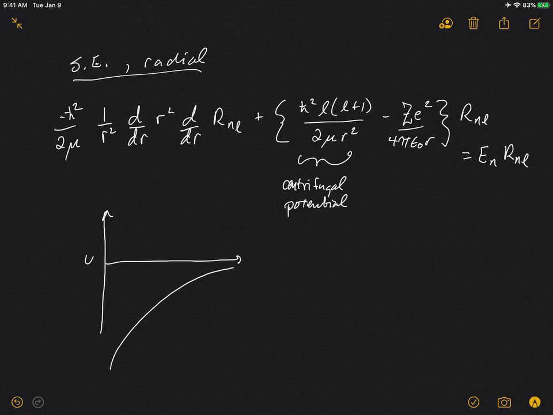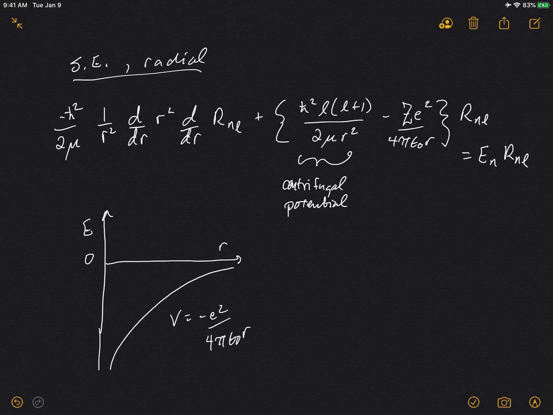We're going to have energy going up along the y-axis, and we have r along the abscissa, typically the x-axis, and we have V equals minus e squared over 4 pi epsilon naught r, or minus Ze squared if this is hydrogen-like.